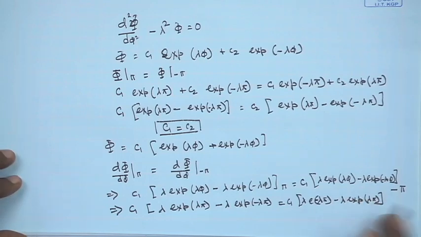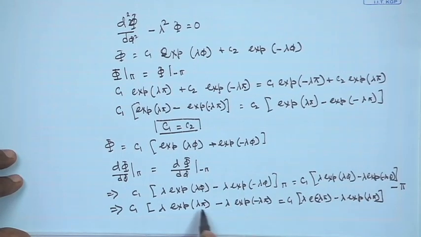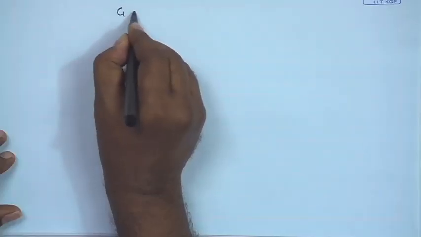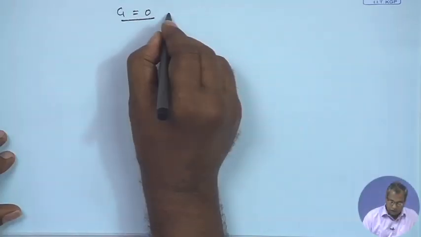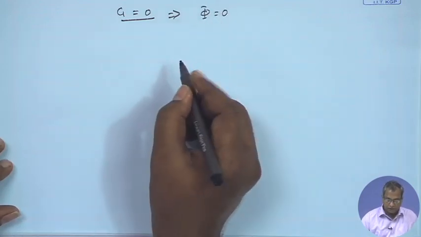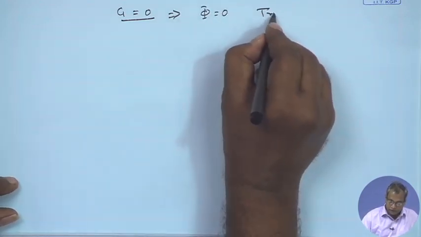So, if you take minus common, it will be identical and the same, and they will not be equal to 0. So, you will get C1 equal to 0. So, one will get a trivial solution, ultimately landing with phi equal to 0.